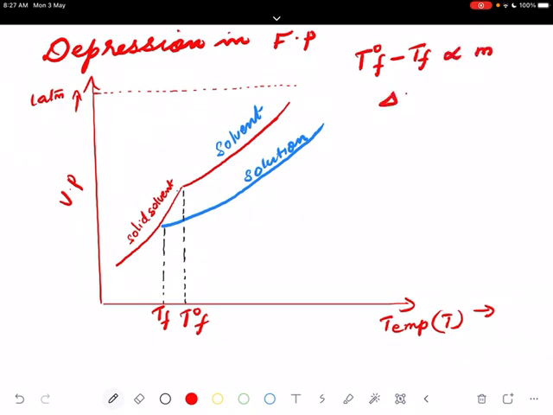So delta TF is proportional to molality, or delta TF is equal to KF into molality. KF is called freezing point constant or cryoscopic constant.